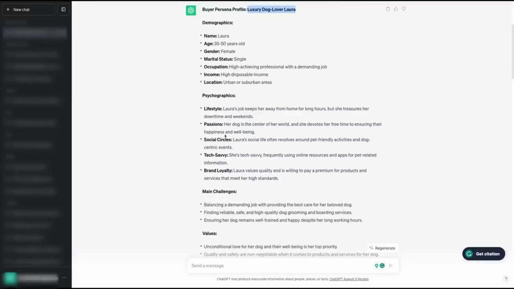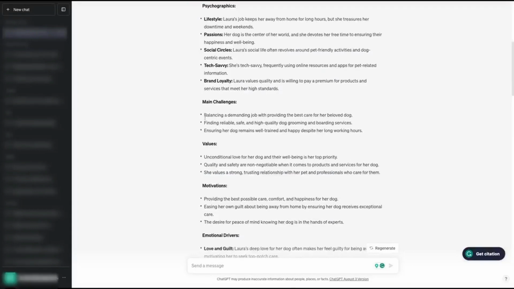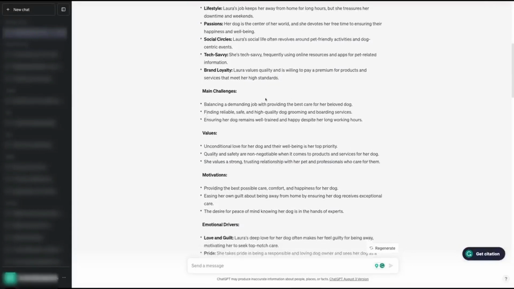So this is how you're going to plug in all the necessary information for your own when you're using this prompt, and this is how your output will look. So it's very detailed, and this is a very detailed customer avatar.